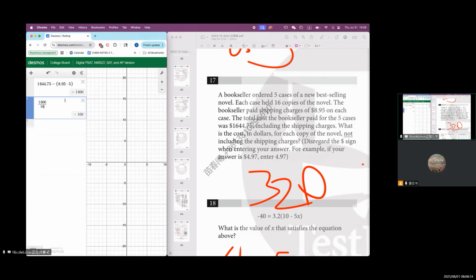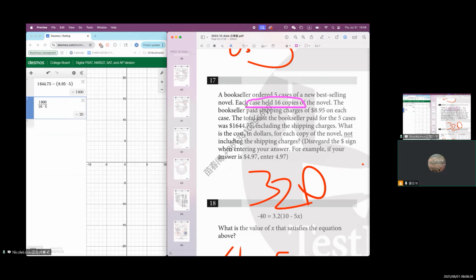A 100. Okay, never mind, how do I do this? Book orders 5 cases for new novel, did 20. Okay, just make each an equation per case, right?